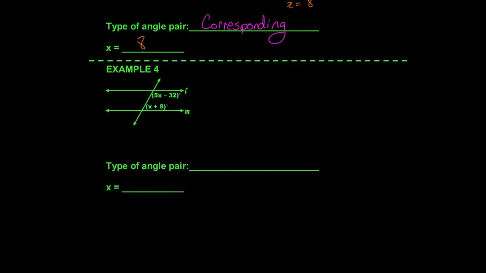Example 4. Mark my interior, to help get a visual of what's interior and exterior. Here we're both on the same side of the transversal and we're both interior. So we have a same side interior angle pair.